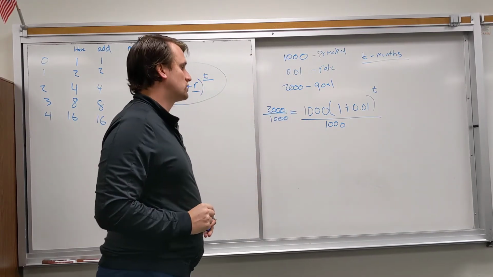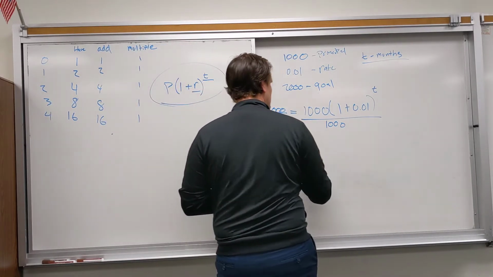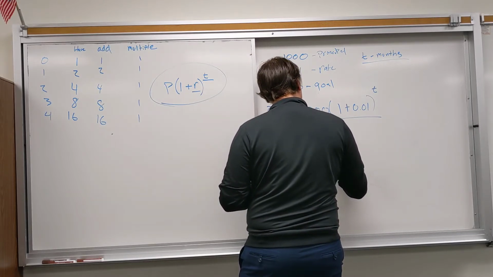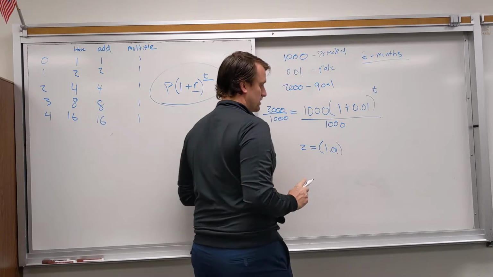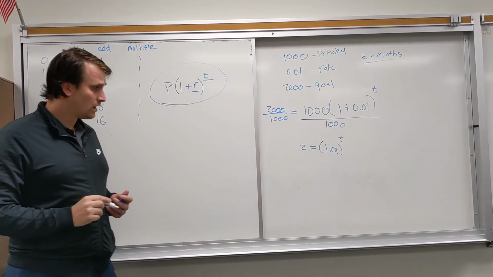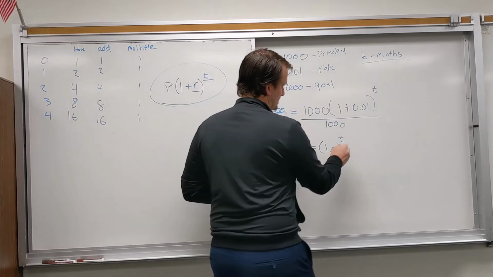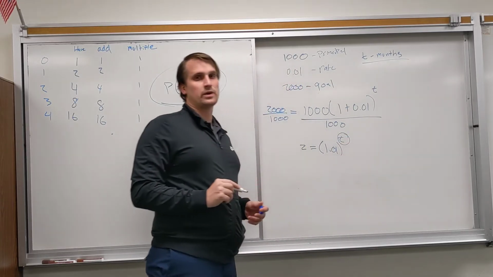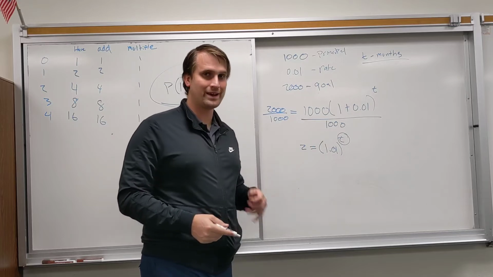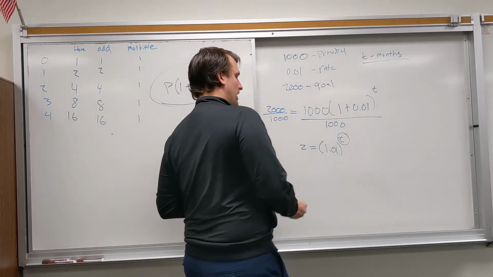Okay, so now that would give us 2 equals 1.01. I just added that together, to the power of t. Now I'm trying to solve for t. T's in the exponent. In order to undo an exponent as a variable, we need to take the logarithm of both sides.